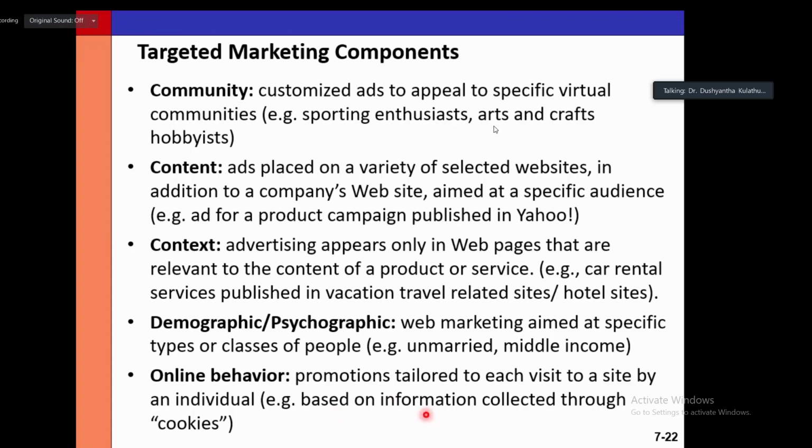So when you search more and more there, those are some of the 5 components of targeted marketing which you can utilize in your targeted marketing campaigns. And depending on what you sell, you can decide which ones are more relevant.